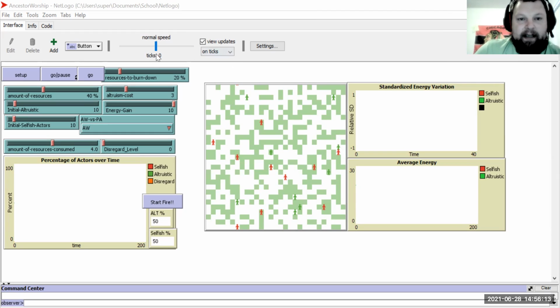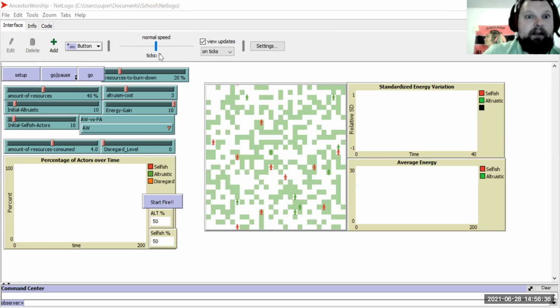Every 10 ticks up here, or movements. So every time a turtle moves 10 times, or I say turtle, that's the language of NetLogo, which is the program this model is on. Every time an agent moves 10 times, every 10 ticks up here where it says normal speed, tick 0.